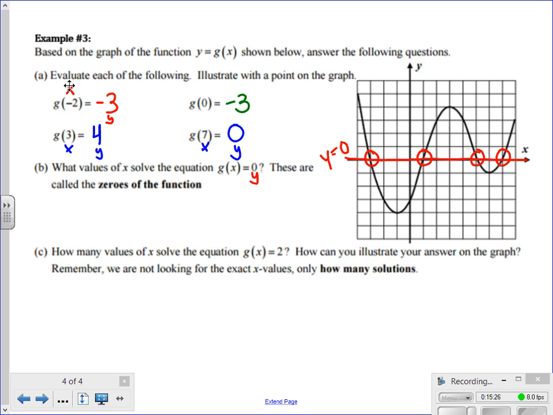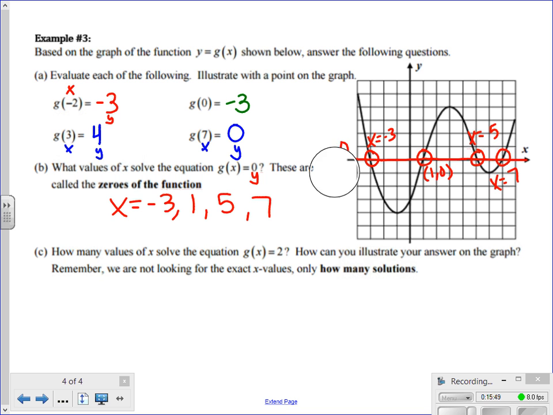Well, this first x value happens at -3. So that's the first one. The next time I cross, looks like it's at the point 1, 0. Then 2, 3, 4, 5 is this next one. And then 7.